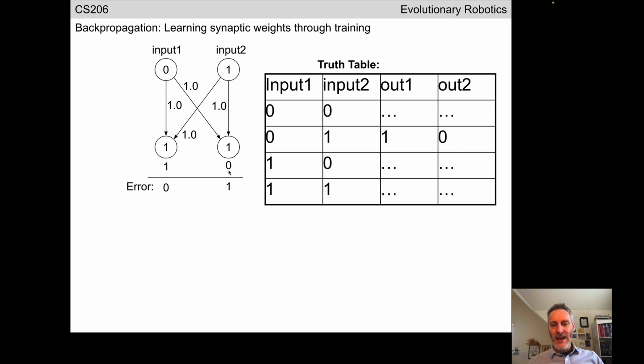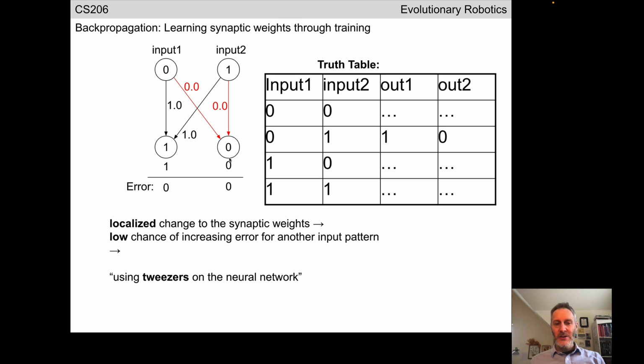And we then take that error and propagate it backwards. We flow backwards from the output to the input, and along the way, we use the error to determine how to change the synapses. So in this case, if we flow backwards, we can change the synapses from 1 to 0, so that now if we flow forward again, we'll get 0 error in both cases.